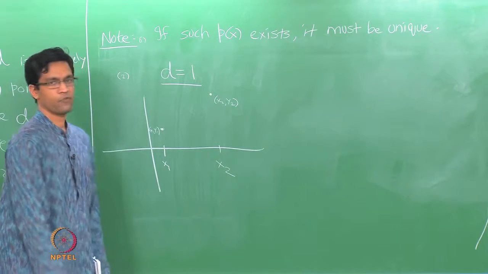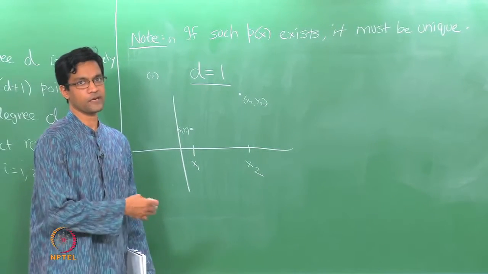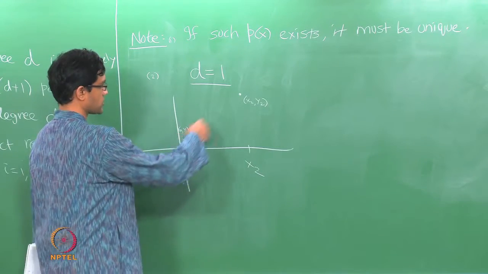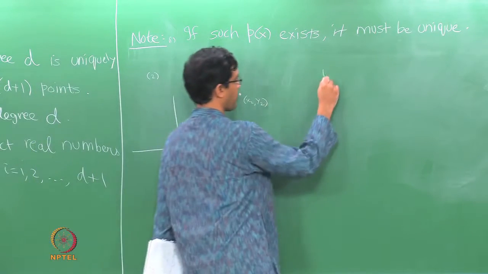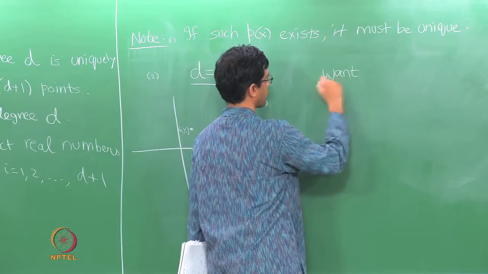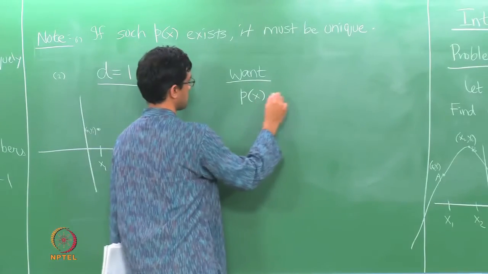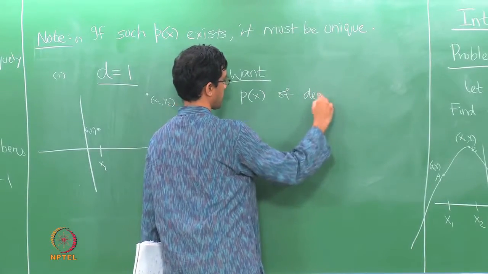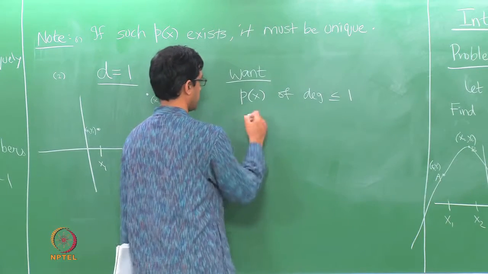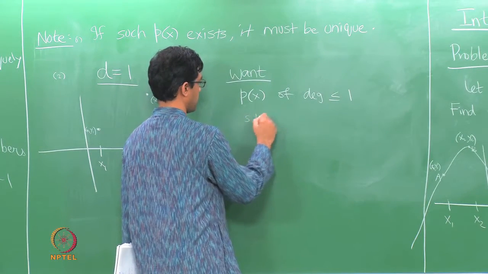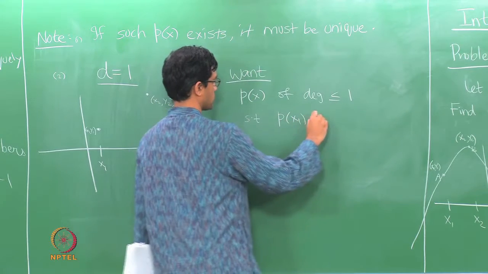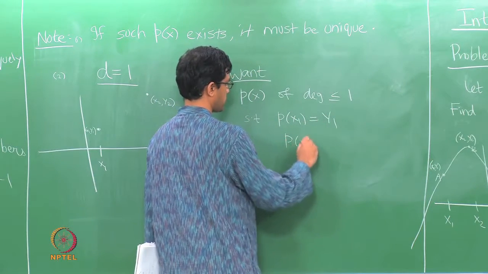And the question says, can you find a polynomial of degree at most 1, whose graph passes through these 2 points? So what do I want? I want a polynomial p of x of degree at most 1, passing through these 2 points such that p of x1 equals y1, p of x2 equals y2.